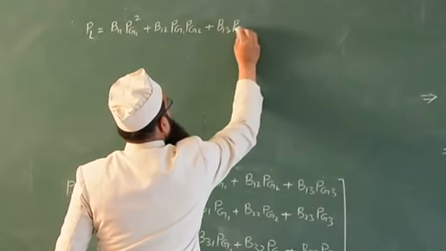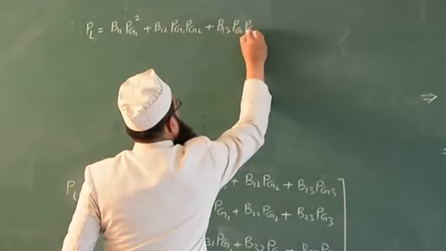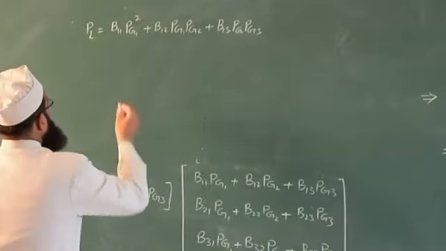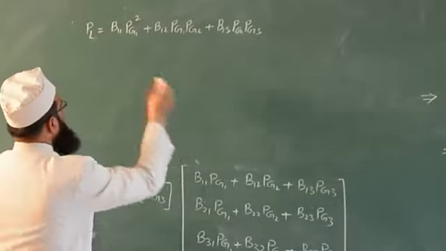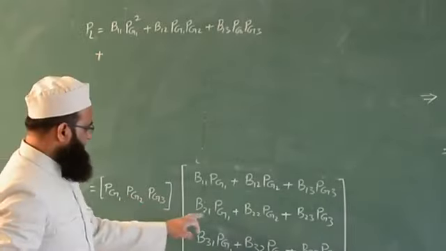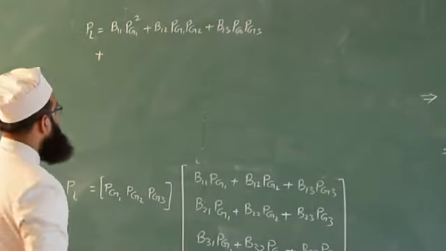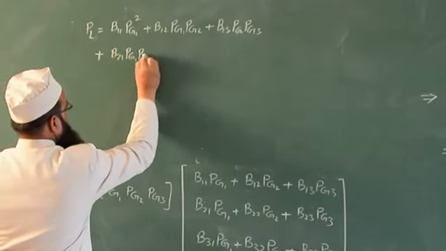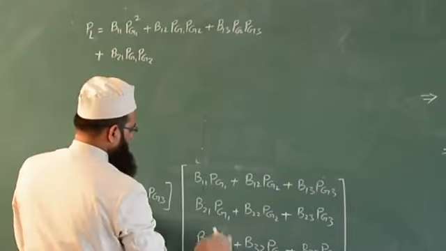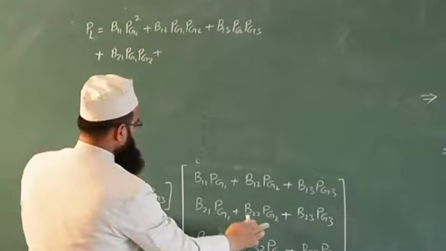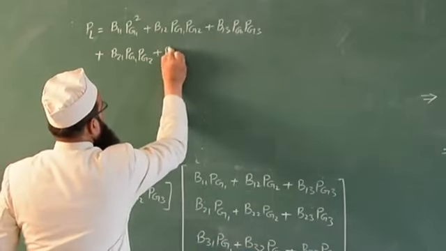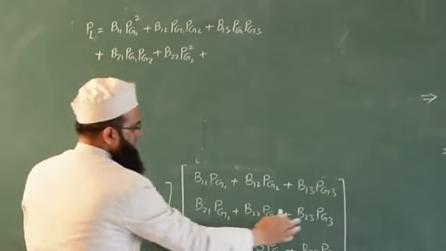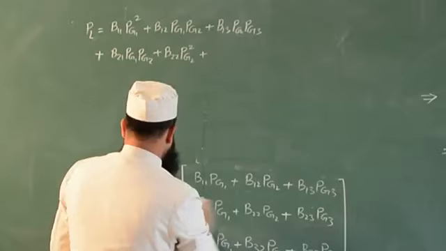Next, multiply PG2 with the second row: B21 PG1 PG2, plus B22 PG2 square, plus B23 PG2 PG3.